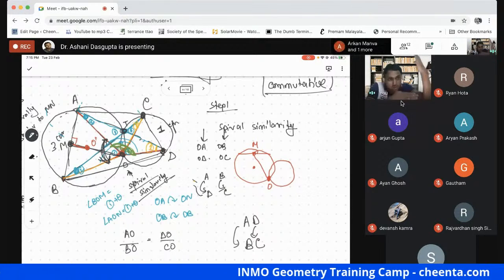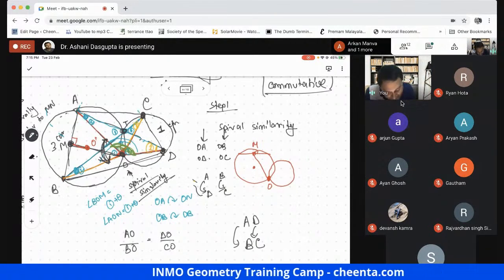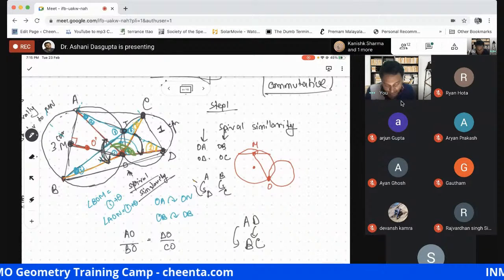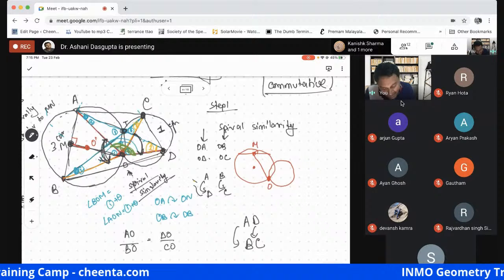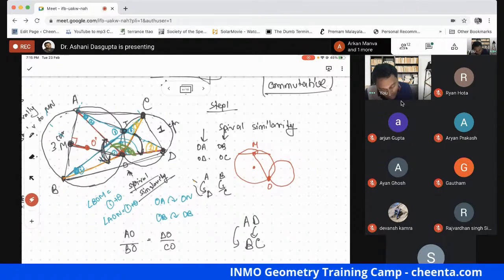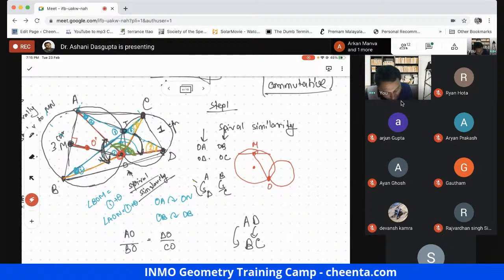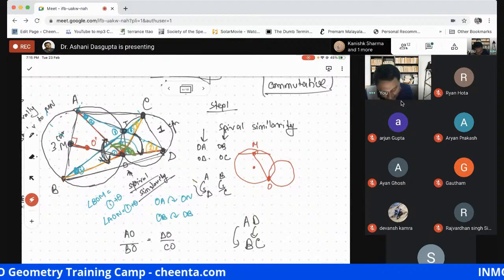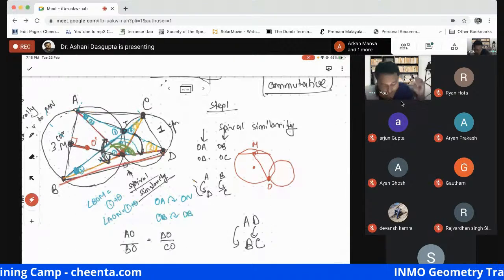OA is closing like this. At the same time, OC is closing like this. So this entire line is getting rotated about this point to here. And while it happens, it is getting shrunk to BD.